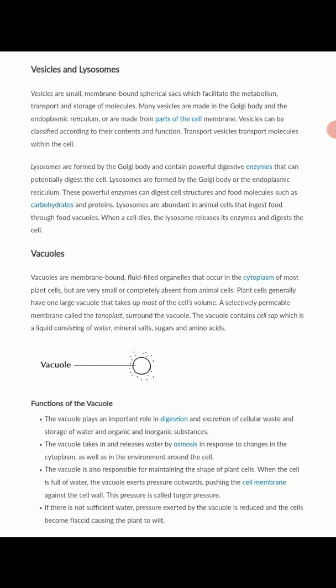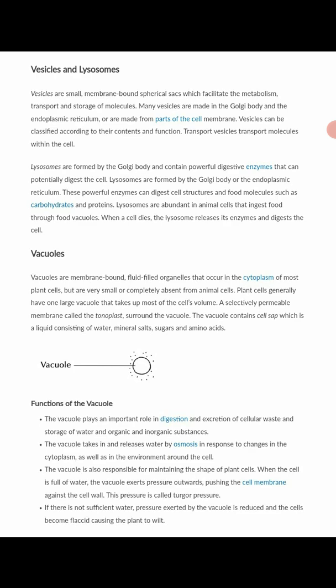Now for lysosomes, they are formed by the Golgi body or the endoplasmic reticulum and contain powerful digestive enzymes that can potentially digest the cell. These powerful enzymes can digest cell structures and food molecules such as carbohydrates and proteins, and they are abundant in animal cells that ingest food through food vacuoles.